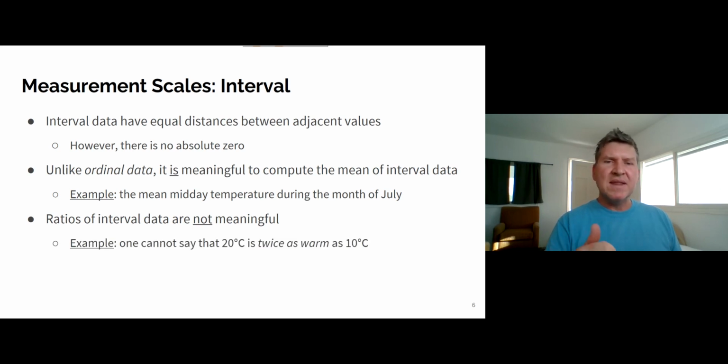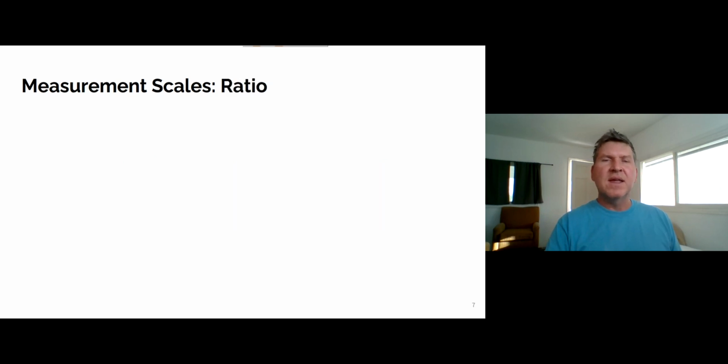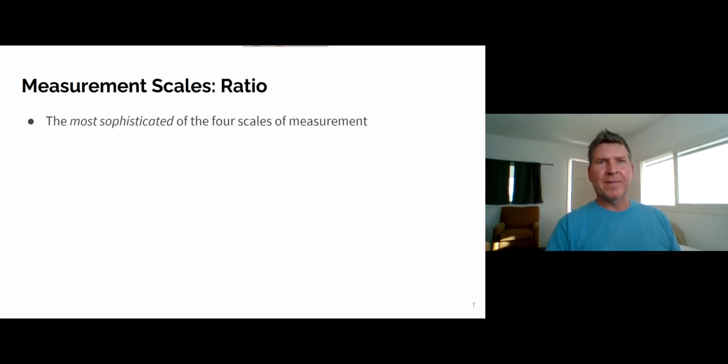So we cannot say that 20 degrees is twice as warm as 10 degrees. The fourth one, and the most sophisticated, is ratio. Now, ratio has an absolute zero. So if we were taking temperature and we went to Kelvin, there's no negative value for Kelvin, so there is an absolute zero.